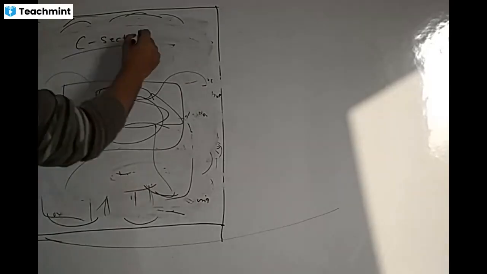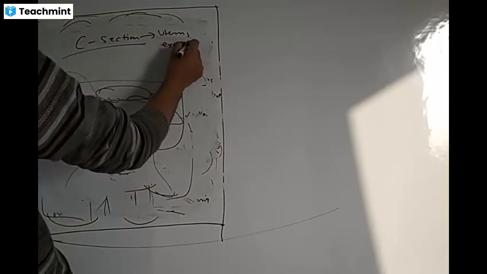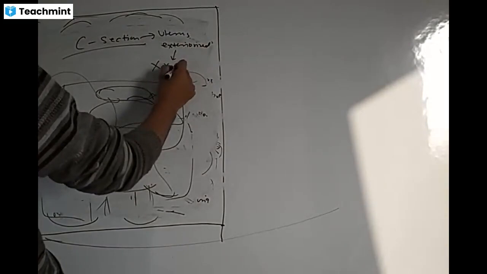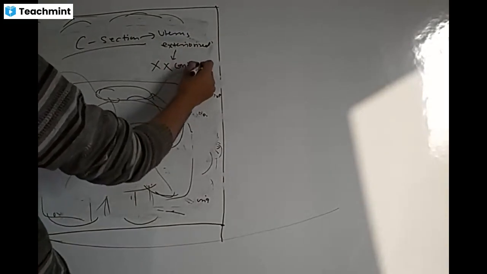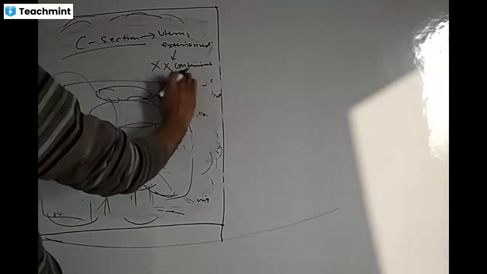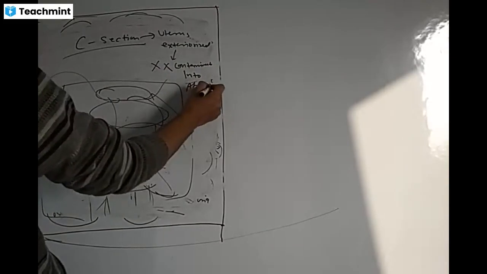So in case of C-section, the uterus is exteriorized and we prevent contamination of the uterus content into the abdominal cavity.